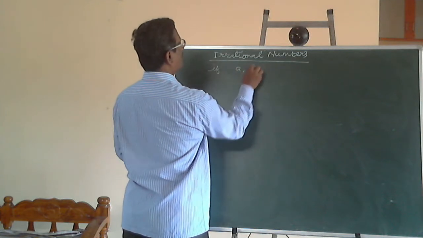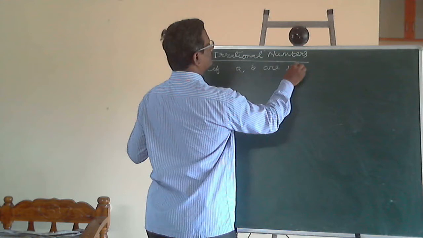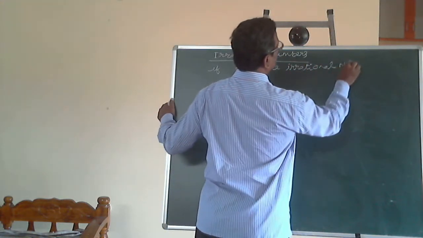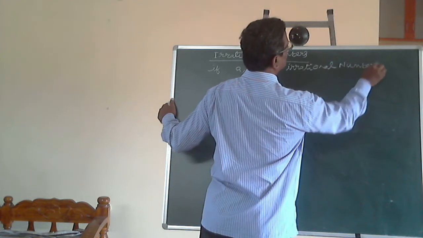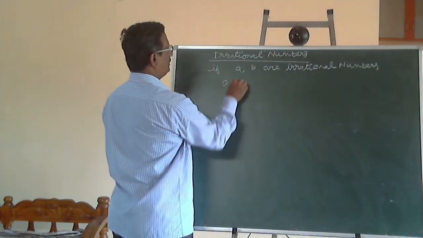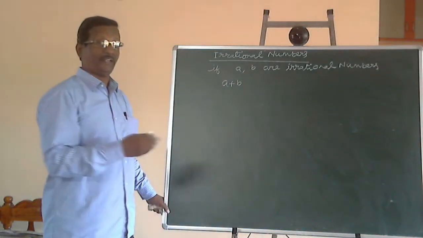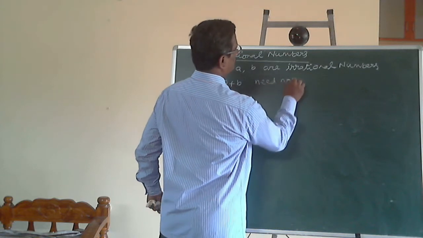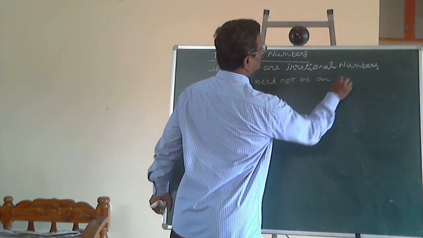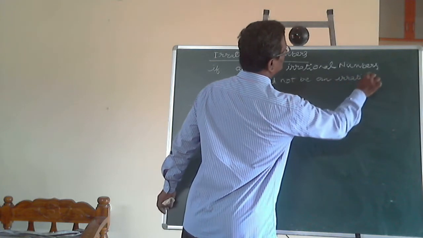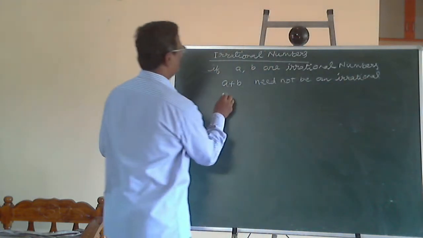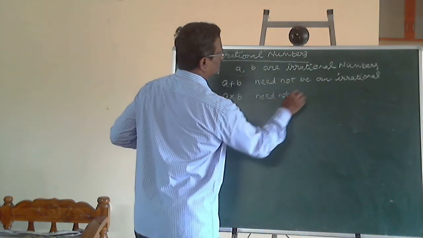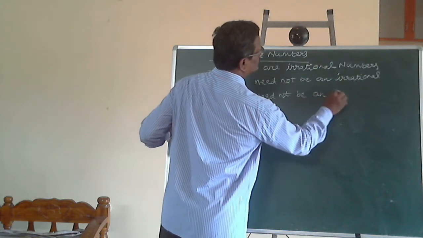If a, b are irrational numbers, a plus b need not be an irrational. A into b need not be an irrational.